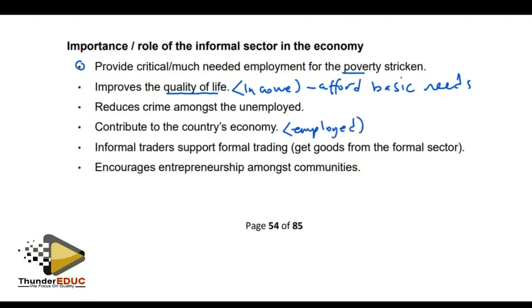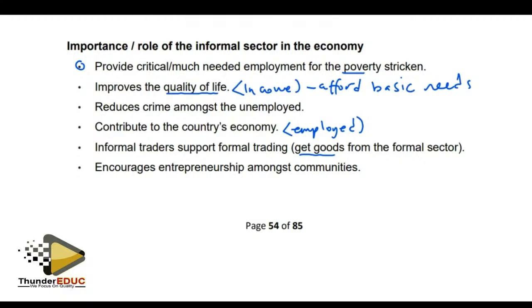And informal traders support formal trading, where they get goods from the formal sector. Nowadays I see a lot of people selling chicken livers and chicken feet by the roads, meaning that at the end they are buying that from those formal shops. Even hairdressers buy from formal shops and at the end sell them as informal businesses.